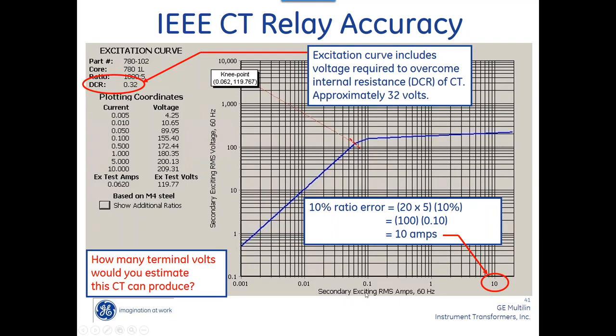And here they have the secondary excitation RMS amps, which is very confusing and not what you really want to see, but it's what they give you. Right here, this 10 amps represents my ratio error. So this point is equivalent to the 20 times current. Can anybody tell me how many volts that is right there?